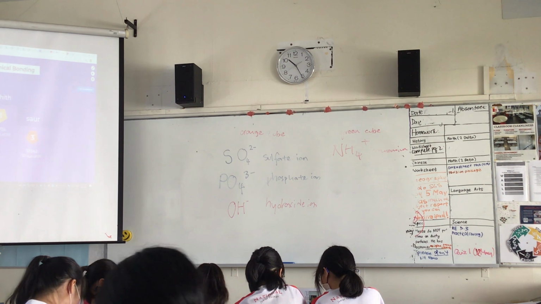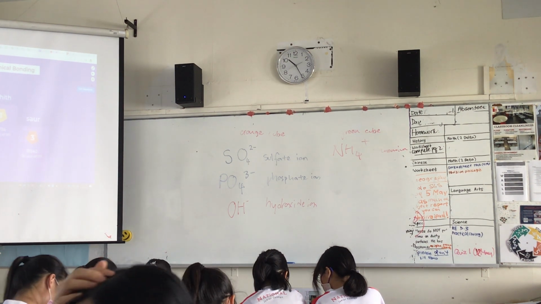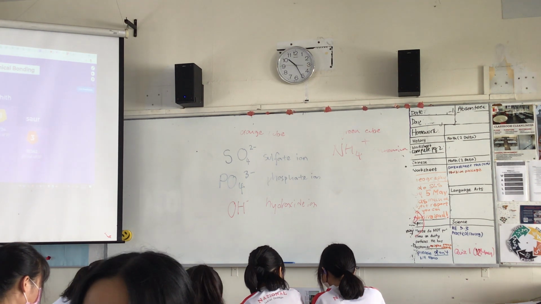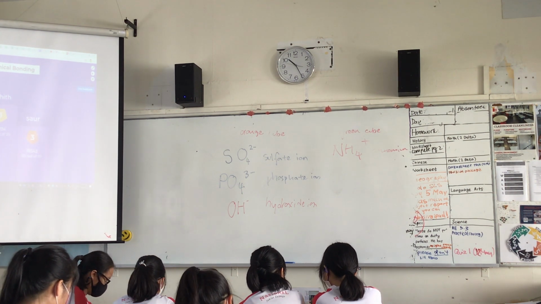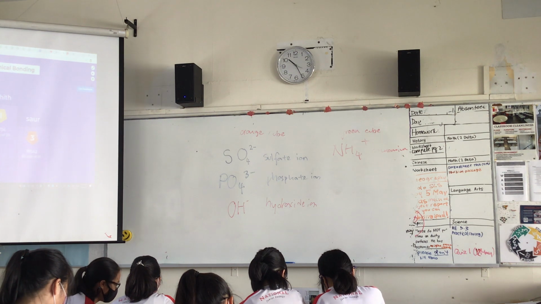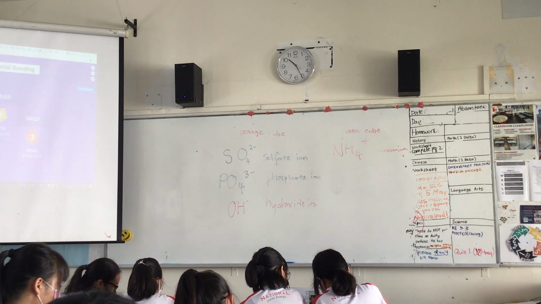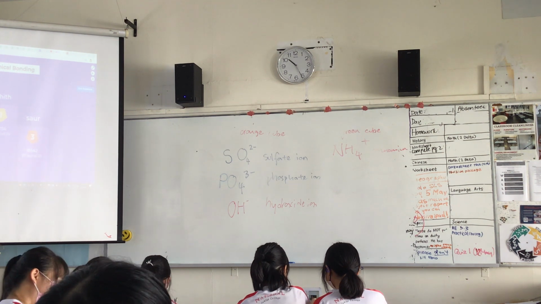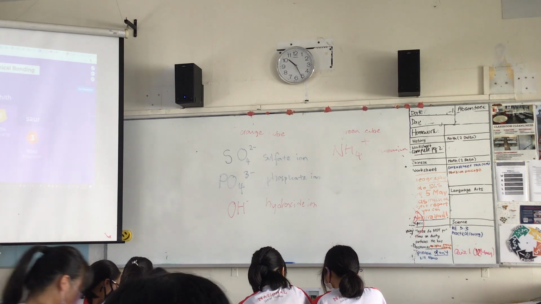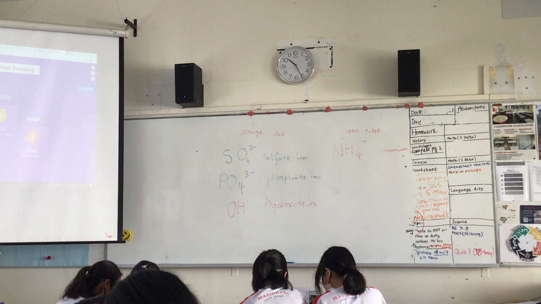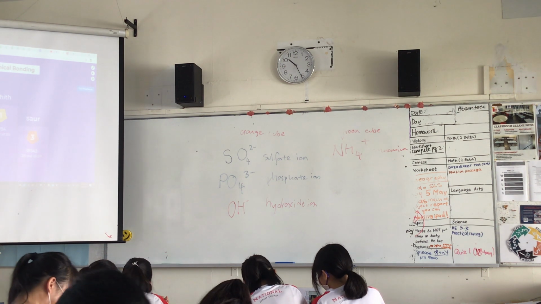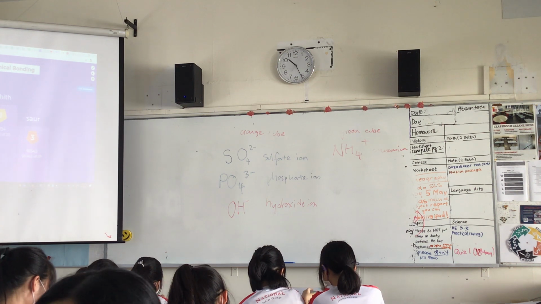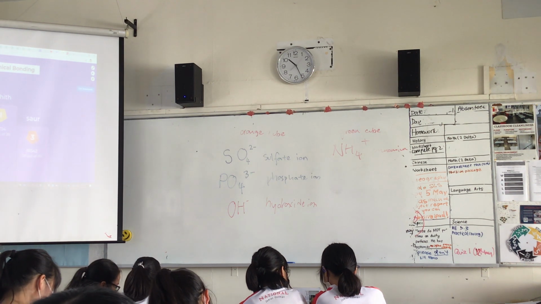I need magnesium, that's for sure. I just need magnesium something. Ammonium chloride. Yes. Oh! Ammonium nitrate. What's this? This is phosphate. What's this?